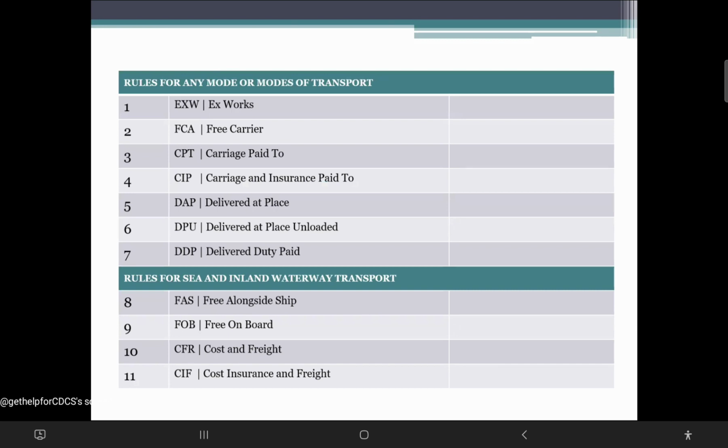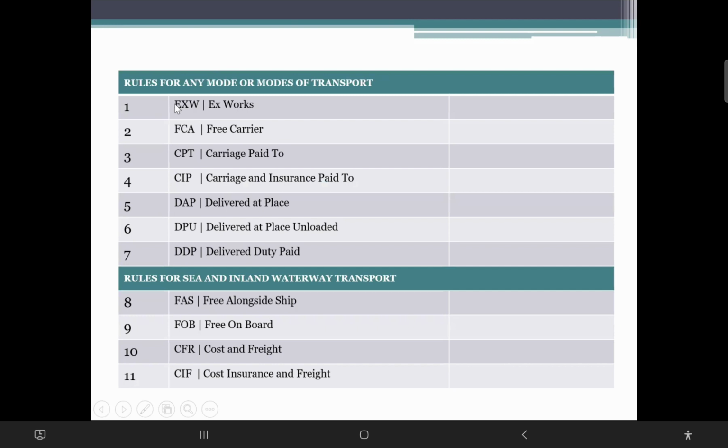Now, like we discussed, they are broadly categorized into two parts: rules for any mode or modes of transport, and rules for sea and inland waterway transport. There are a total of 11 Incoterms.